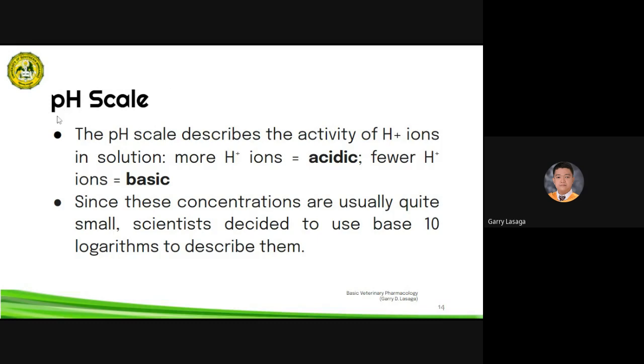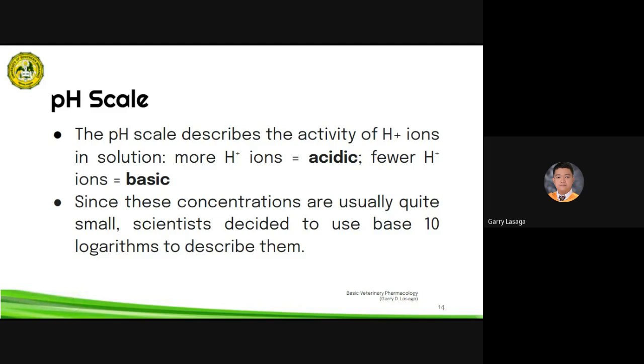So when we apply this in the pH scale, the pH scale will describe the activity of hydrogen ions in a solution. The more hydrogen ions that are present in a solution, the more acidic the solution will be. The fewer, the more basic it is. Since these concentrations are usually very small, scientists decided to use the base 10 logarithm to describe the pH.